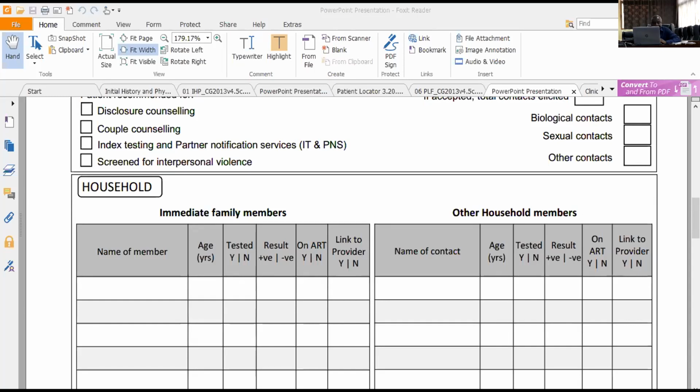Thank you very much, Doc. Maybe just to add that the system was provided for linkage. So the household member who is already on ART can actually be linked to the client. That has been provided for in the system as well.